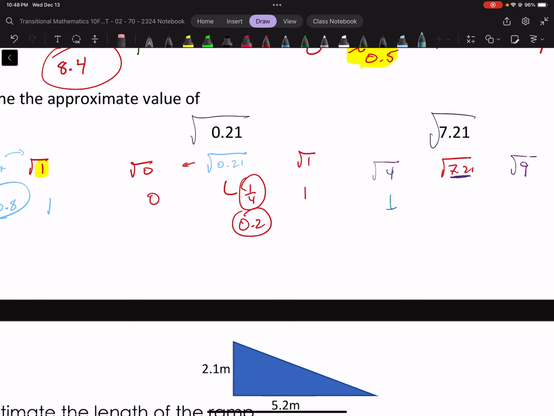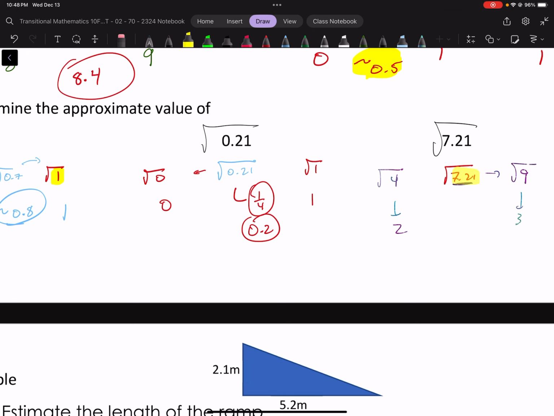And the square root of 4 is 2. The square root of 9 is 3. So the square root of 7.21 is probably closer to the square root of 9 than it is to the square root of 4, simply because the radicand is a lot closer to 9. I don't know, 2.7. All right, I think we got a flavor for this.